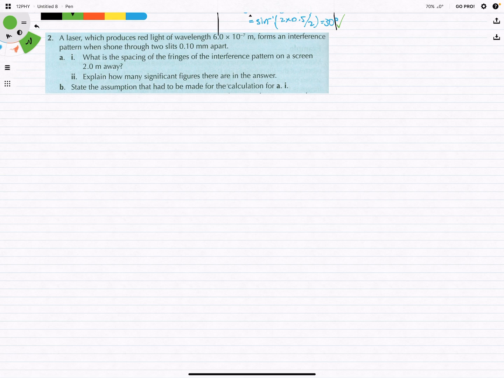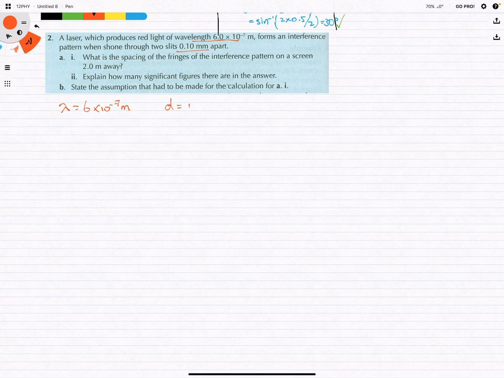Question 2. A laser produces red light with a wavelength. Nice, we've got a value already. We know lambda equals 6 times 10 to the negative 7 meters. It forms an interference pattern through 2 slits 0.1 millimeters apart. So that's d, our slit separation, but we've got to turn it into meters.